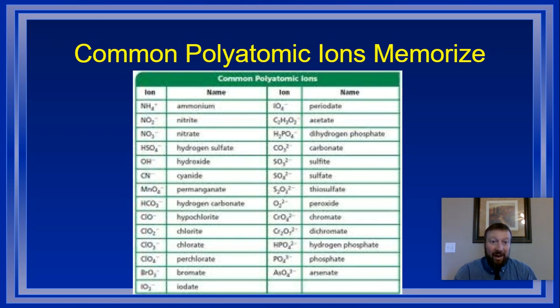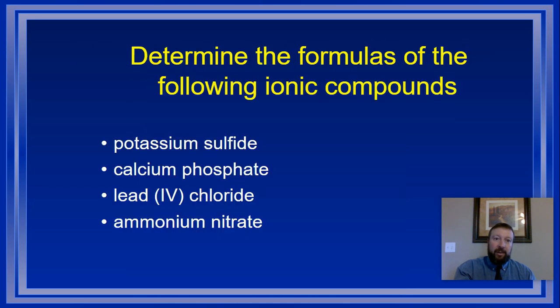If you look at nitrite there with an -ite ending, that's NO2, and pay particular attention to the charge. The charge is going to help you when you go back and write them. Nitrite and nitrate are both -1. If you look over on the other side of the table, you have sulfite and sulfate that are both -2, and then you could have some that are -3. You're just going to have to memorize that chart.